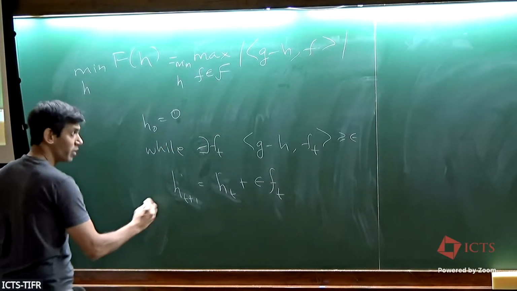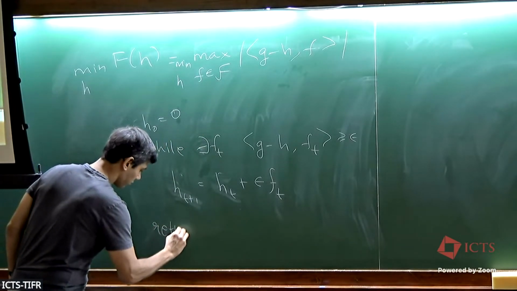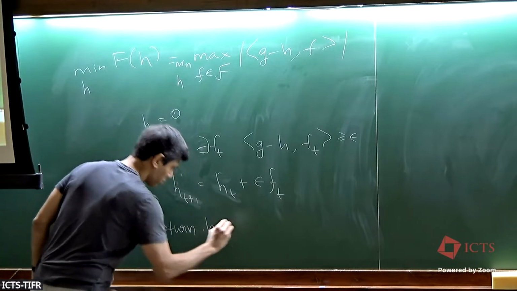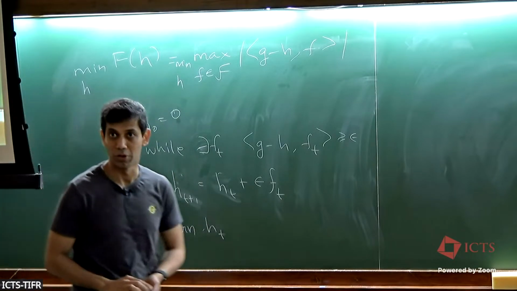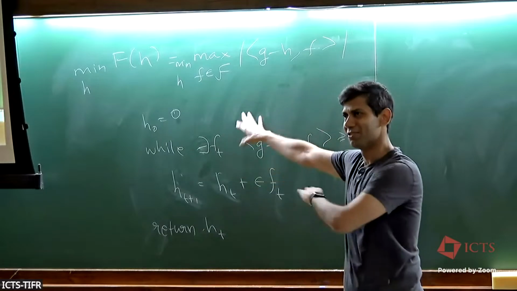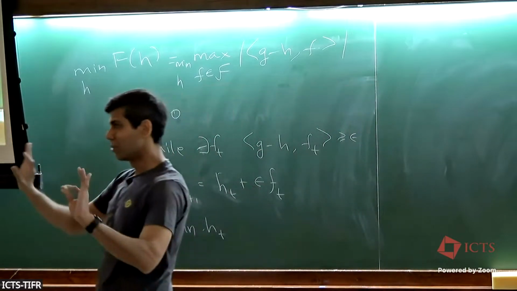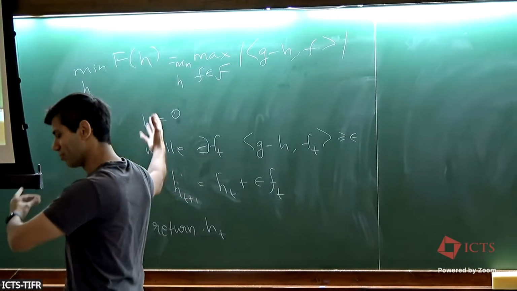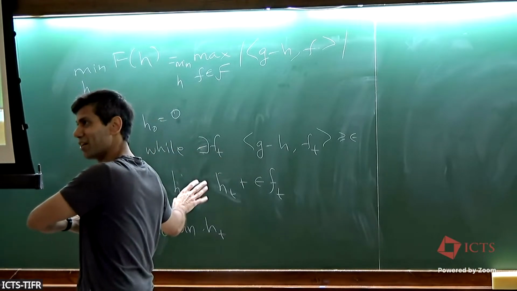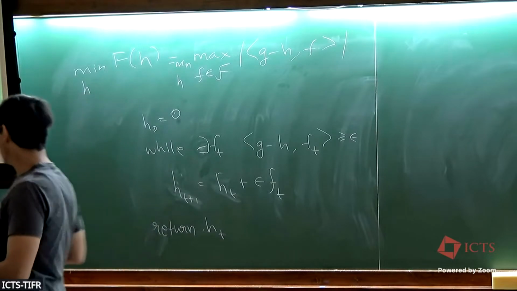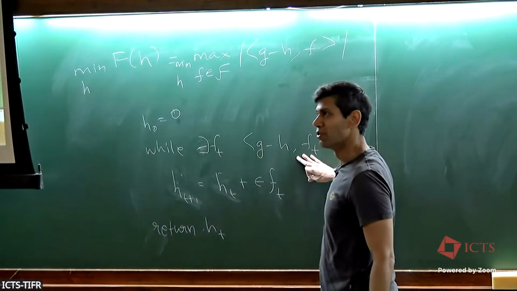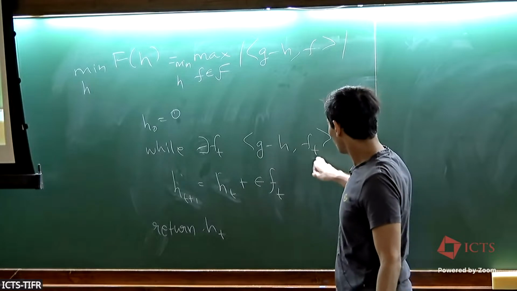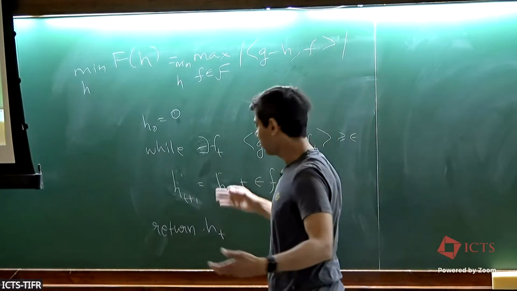And when the loop terminates, whatever is the final outcome, t goes to t plus 1 and so on. Is the algorithm okay? This is the algorithm which is supposed to construct such an h. I have not proved that it terminates, but when it terminates, we are good to go, because then there doesn't exist such an f if the loop terminated.